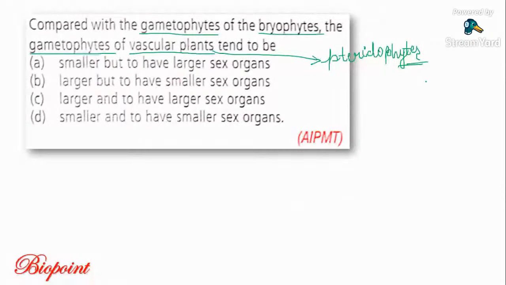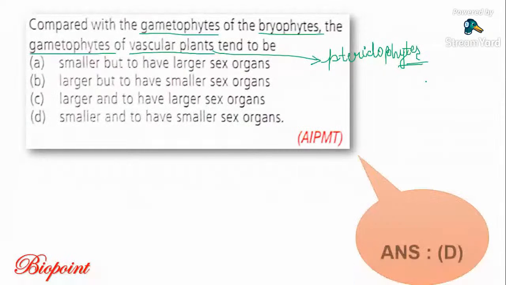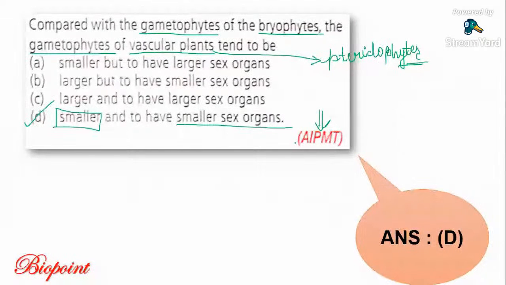That is the question, a previous year AIPMT question. The correct answer is option D, smaller. The gametophytes are smaller and have smaller sex organs.